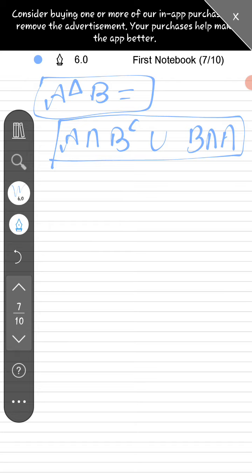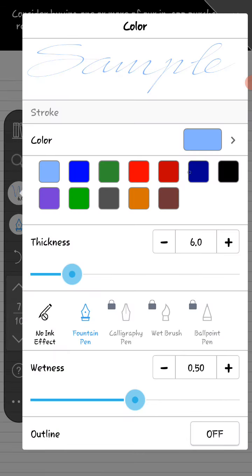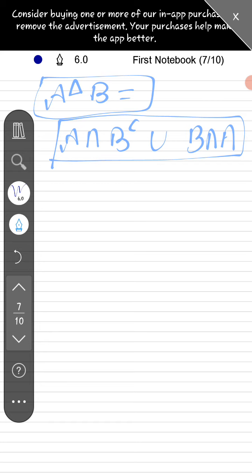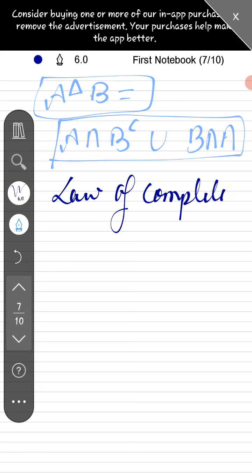Okay, so now I am going to tell you about the laws of complement. What are the laws of complement? Fine.